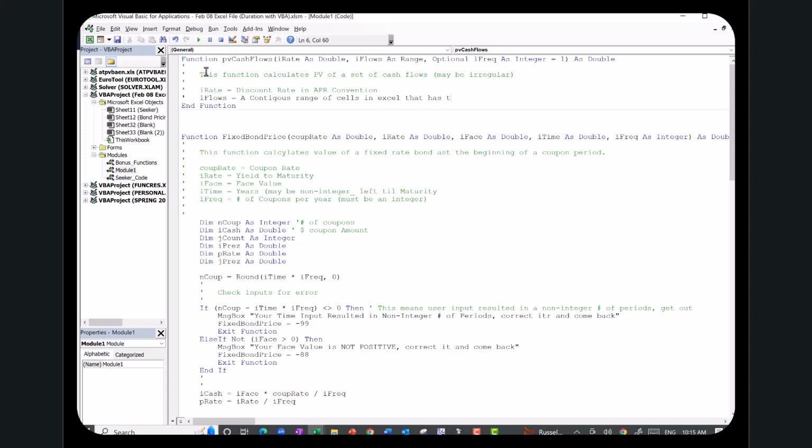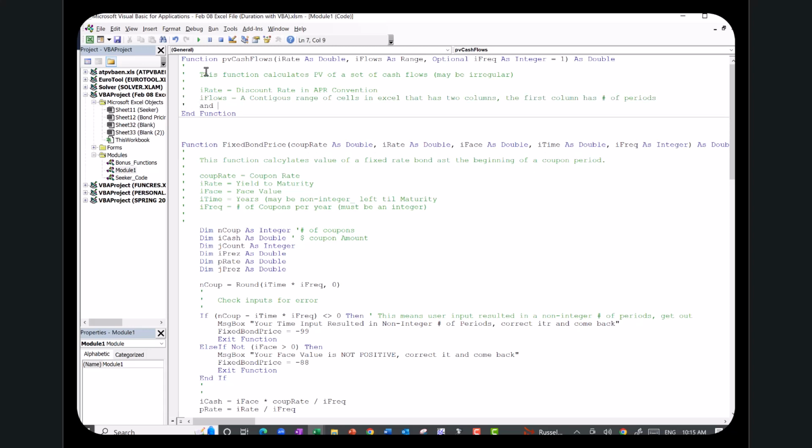The first column is the number of periods. In the second column is the cash flow.